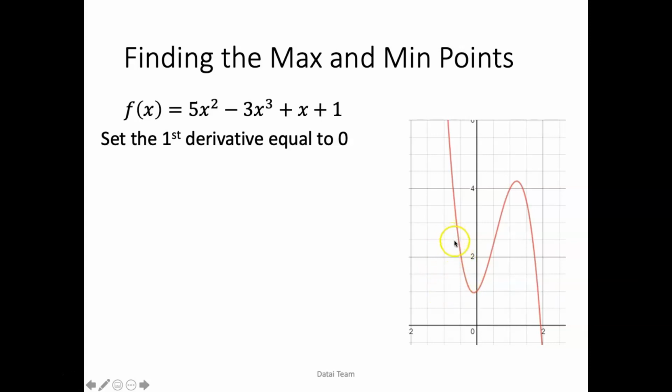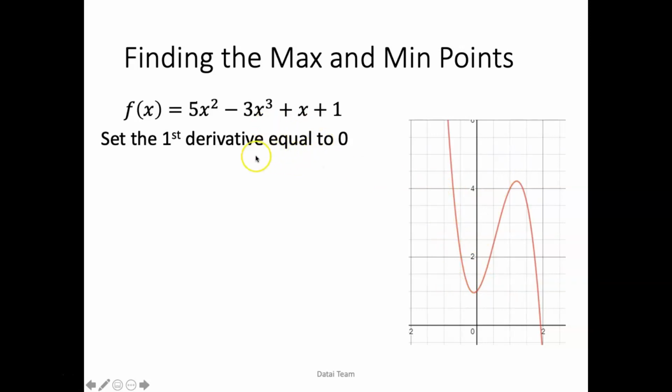And here the sign of the derivative is changing. So the max and min points are the points where it goes from negative to positive or positive to negative. So here the gradient line is a straight horizontal line for both min and max.